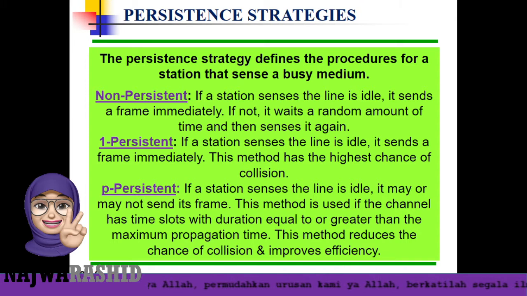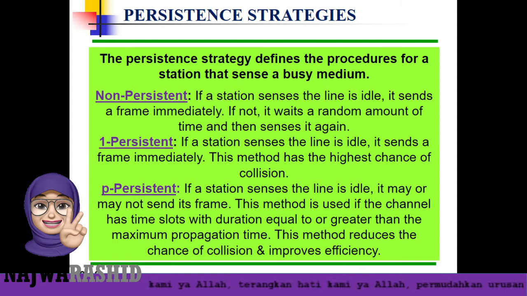The second one is one-persistent. In this strategy, the station will sense the line first. If the transmission medium is idle, it sends a frame immediately.